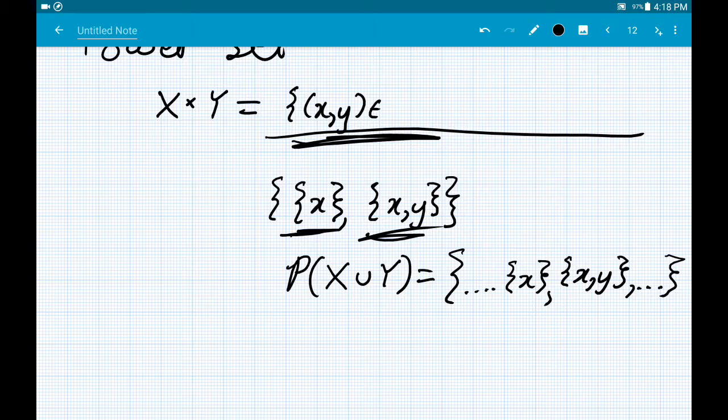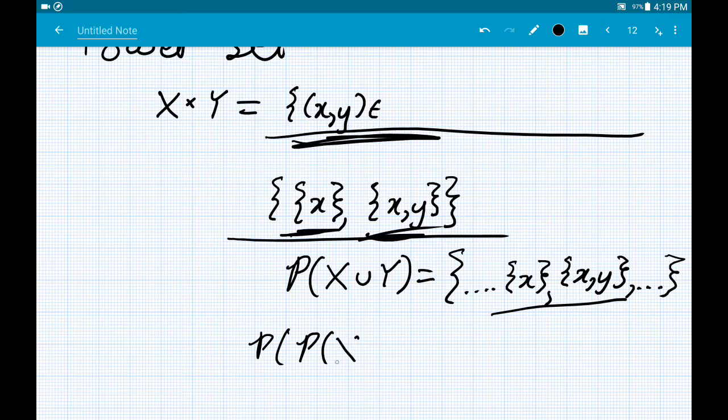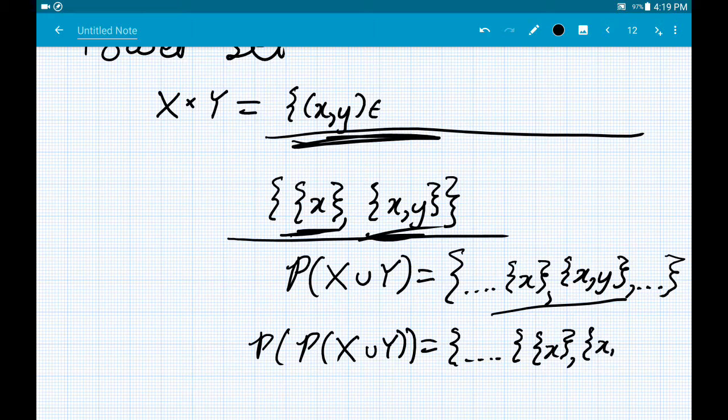Now, what we really want, though, is the set of these two things, and you do not find that anywhere in the power set of the union. So, if you take the power set one more time, the power set of this power set of the union, now you will have a whole lot of stuff, but somewhere along the line you will encounter the set containing each one of these, namely the set of the singleton together with the pair.